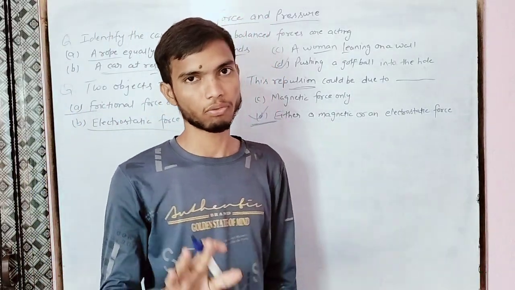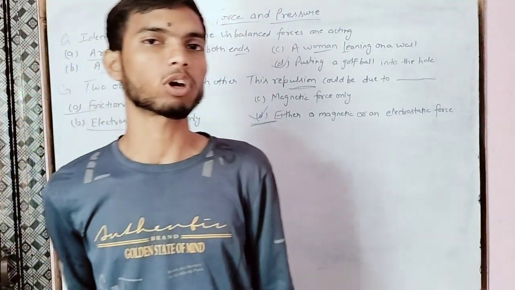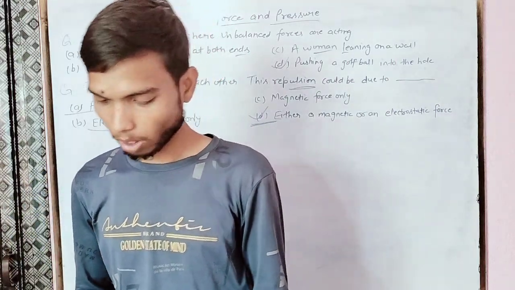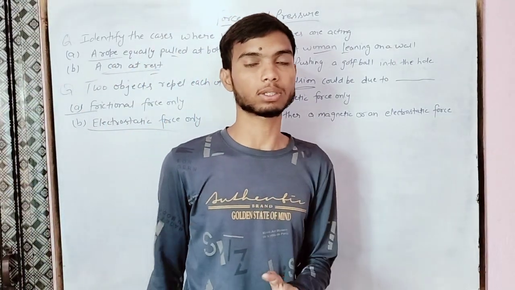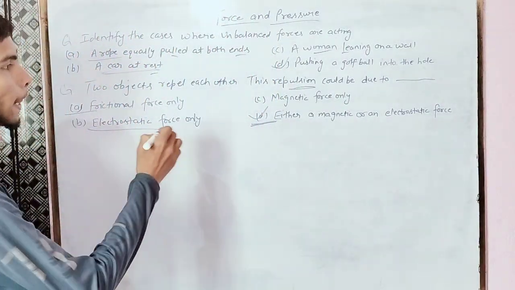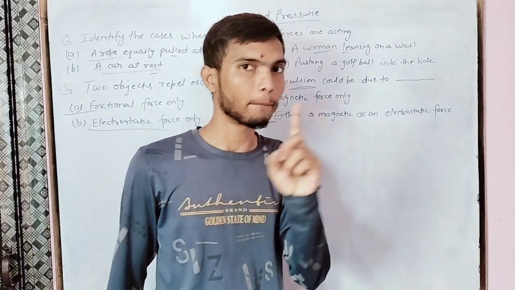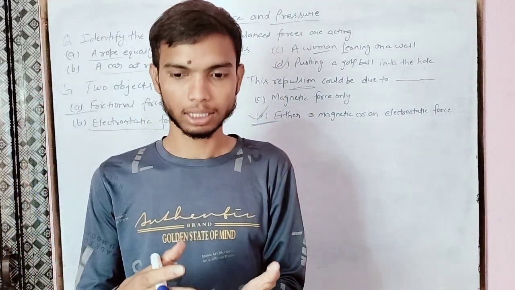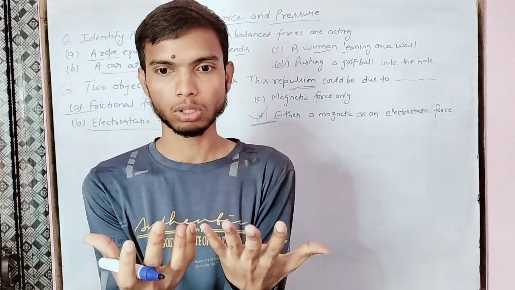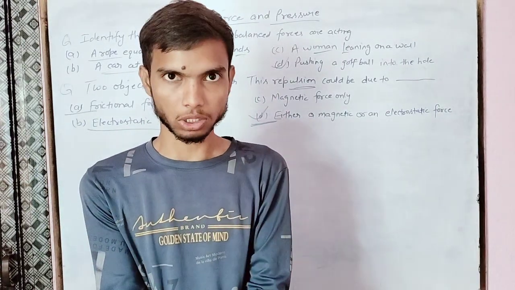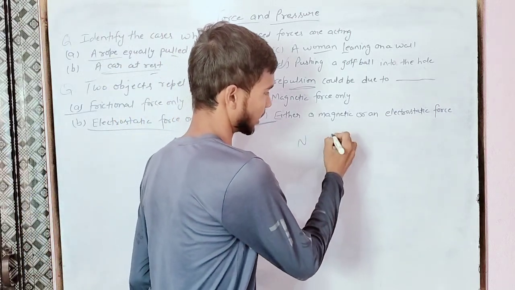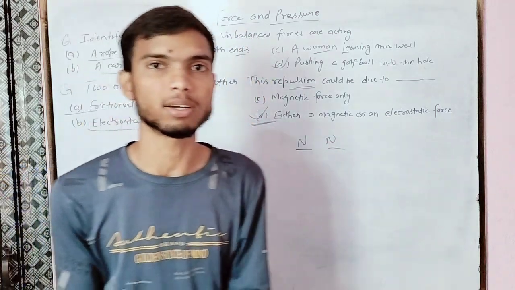How is this the answer? We have to explain the reason. Why is this the answer? Look, what is repulsion? What is attraction? You have to be clear and alert. How does a magnet behave? A magnet repels two bodies when N and N, both similar.